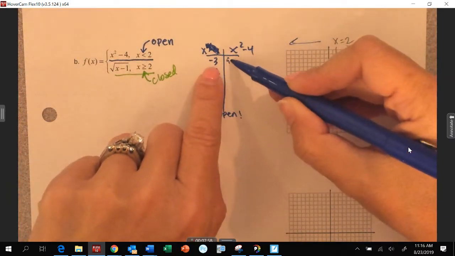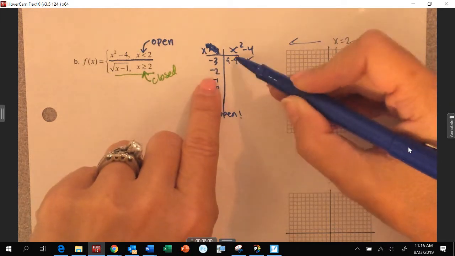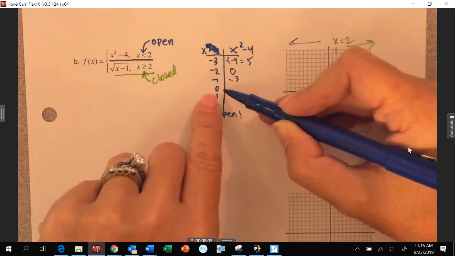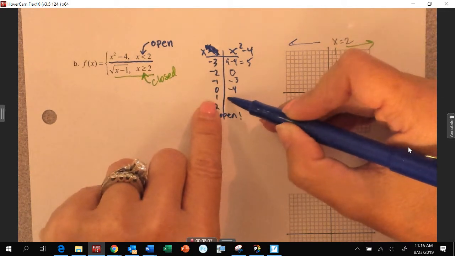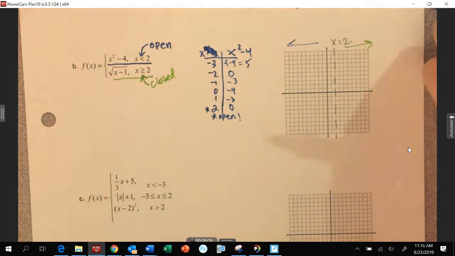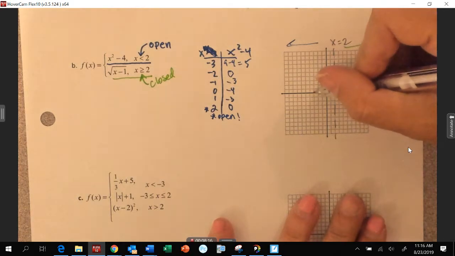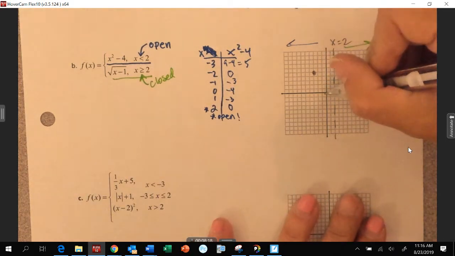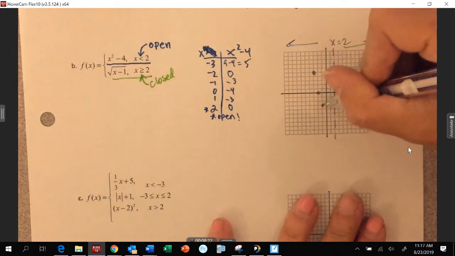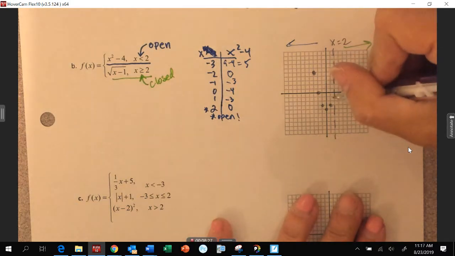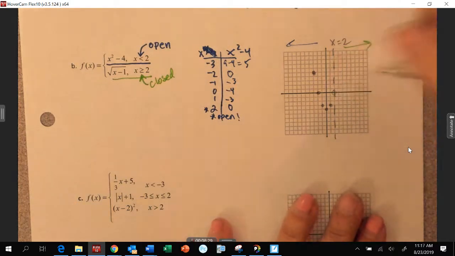That'll be 9 minus 4, so 5. That'll be 4 minus 4, 0. 1 minus 4, -3. Then -4, -3, 0. So I have some points: (-3, 5), (-2, 0), (-1, -3), (0, -4), (1, -3), and at 2, 0, that one's going to be open.